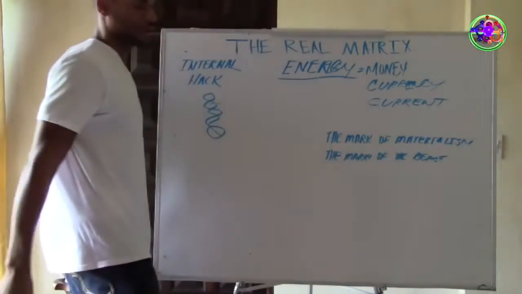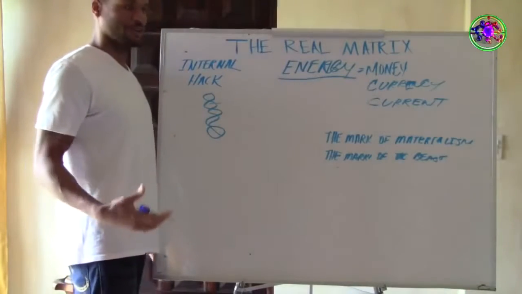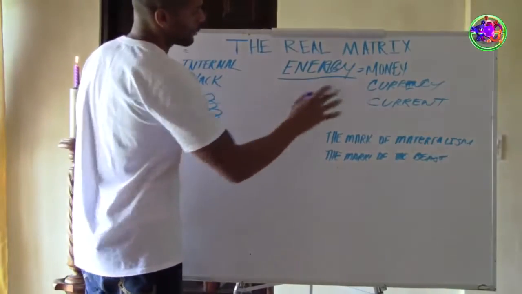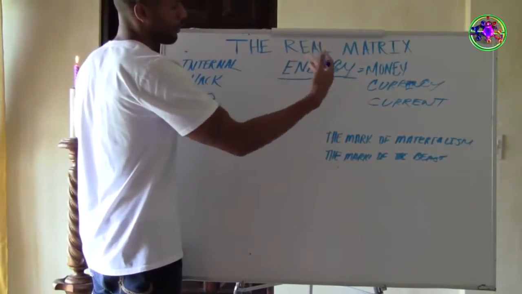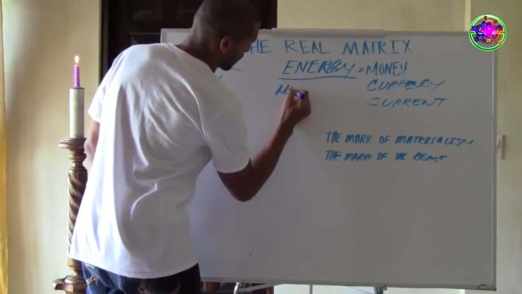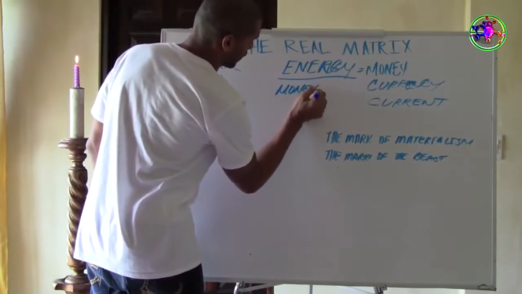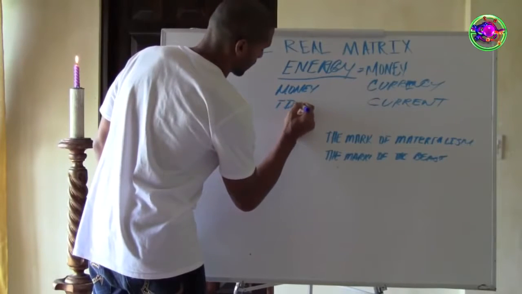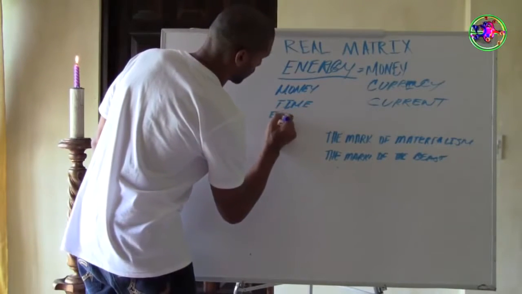Current means many things. Current means on time. Current means a wave of power. And so, because money is energy, this is because money has made itself equal to a person's time and energy.